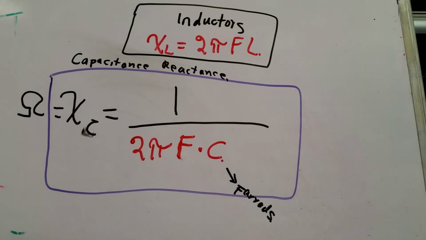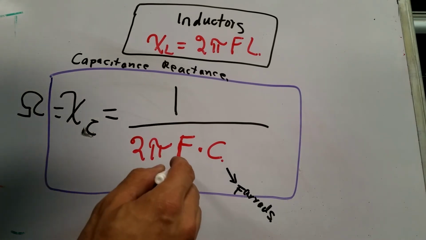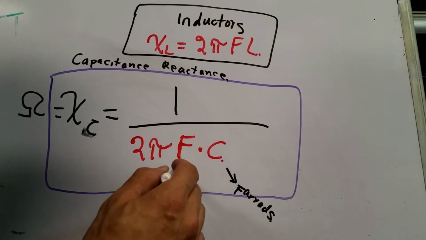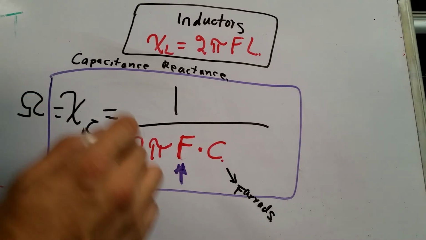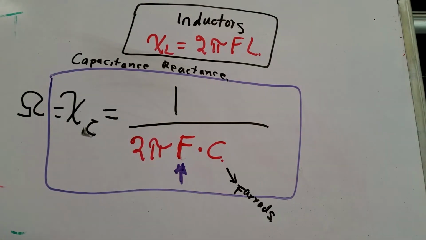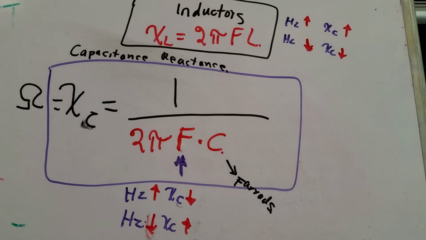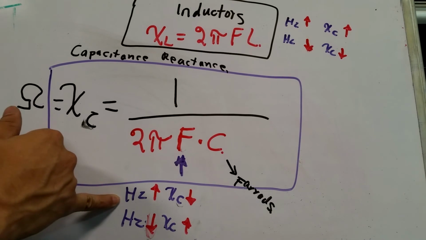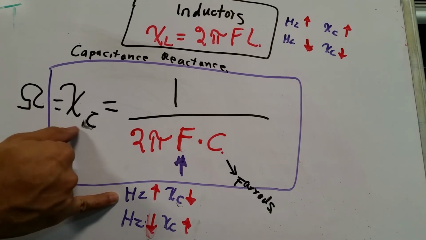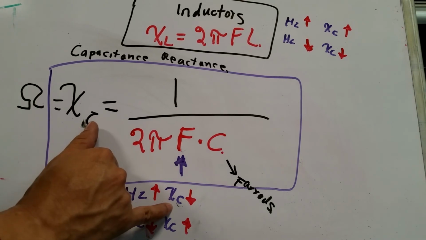Now in this one, pay attention. If I make this number larger, the answer is going to be much smaller. So if the frequency goes up on a capacitor, then its resistance goes down.